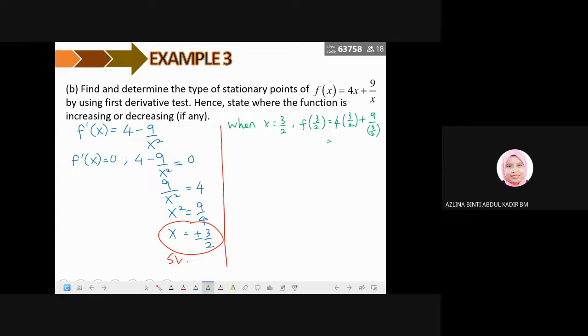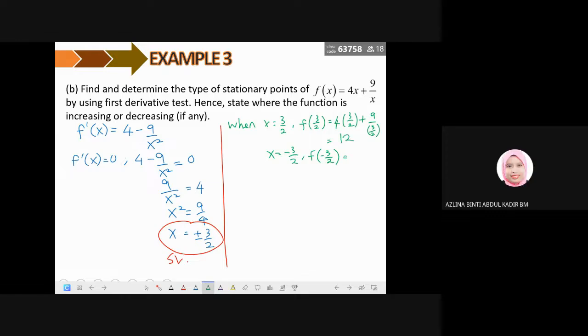So f(x) equals, substitute into calculator. What do you get, Maisara? 12, madam. Positive.